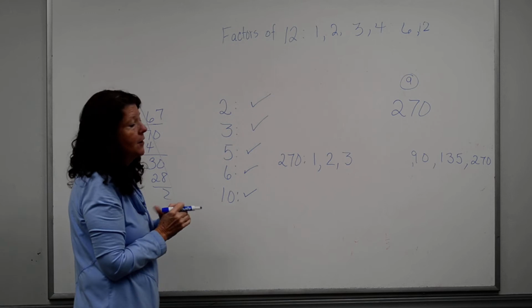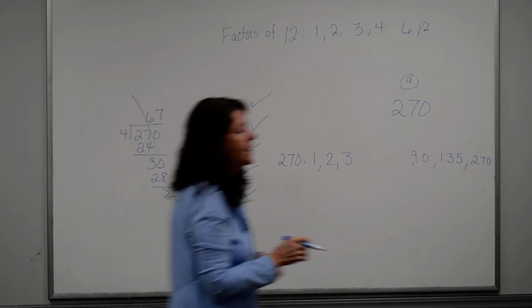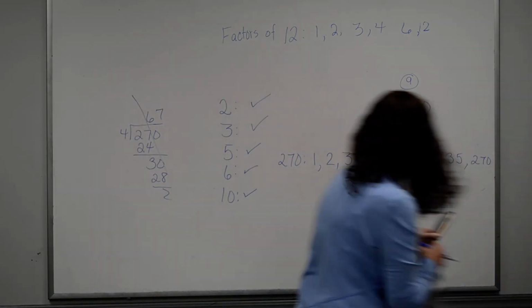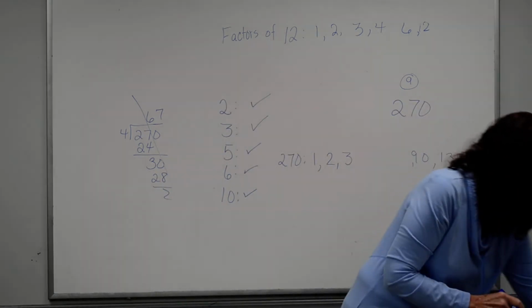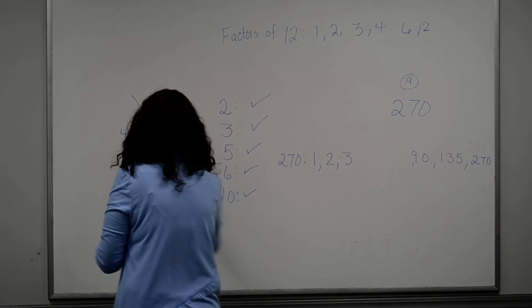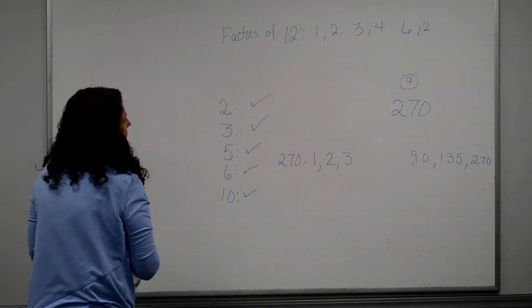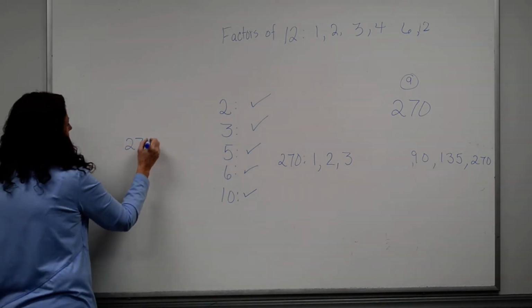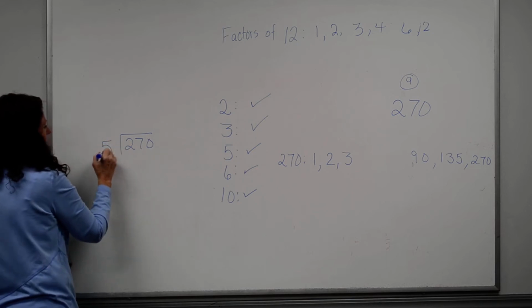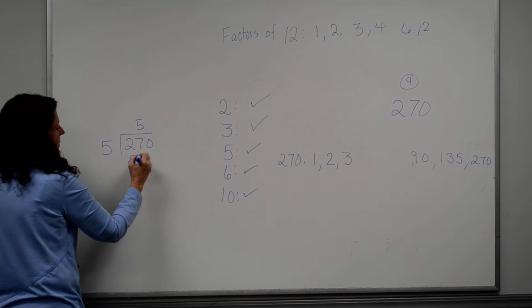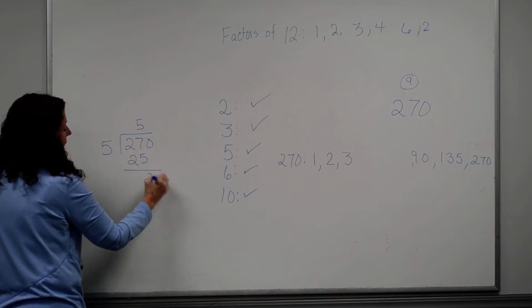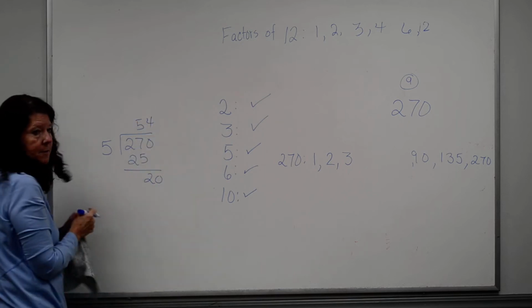But I know 5 goes into it. So I've got to figure out 5 times what gives me 270. 5 goes into 27 5 times. 5 goes into 20 4 times, right?